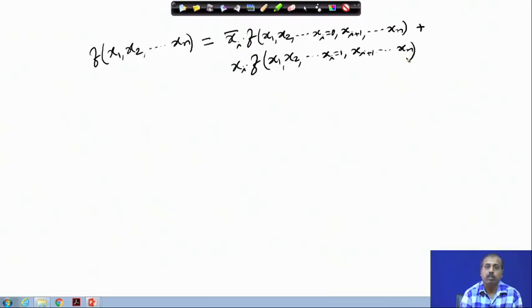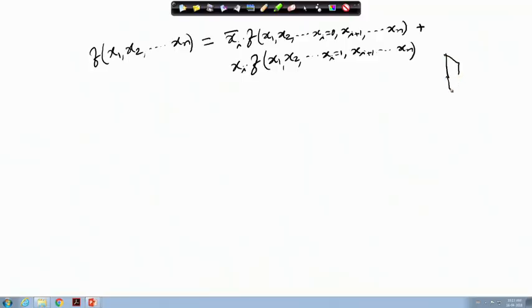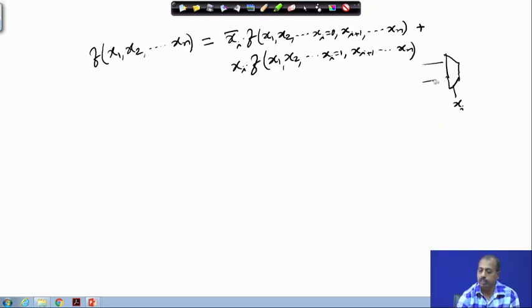Now, this is suitable if we are thinking of realizing the circuit in terms of 2-to-1 multiplexers, because the input xi will be fed as the control input to this stage. So, we will get a 0 part and a 1 part; the 0 part will be realized by this function and the 1 part will be realized by this function.